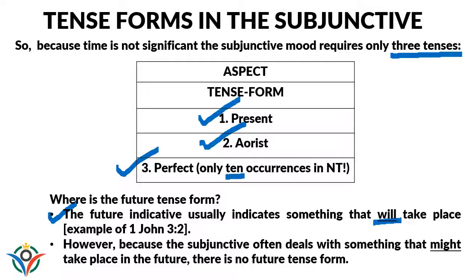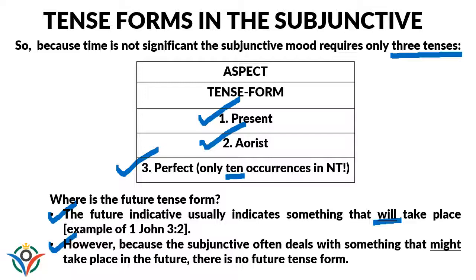But we know that when he appears, listen closely to this, we shall be like him, because we shall see him as he is. So there John uses the future indicative mood, and he's conveying something that is certain and will take place in the future.